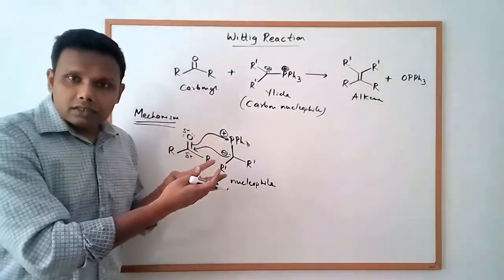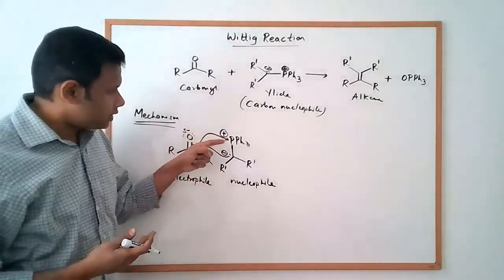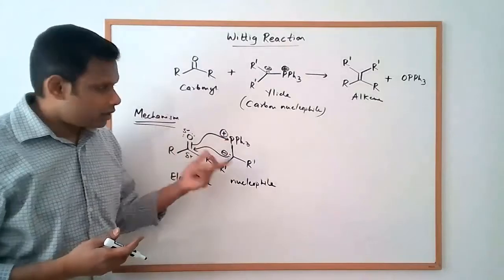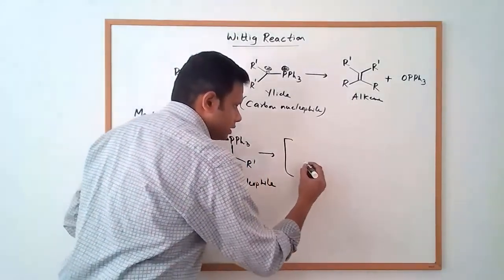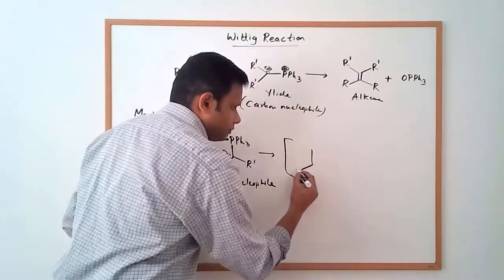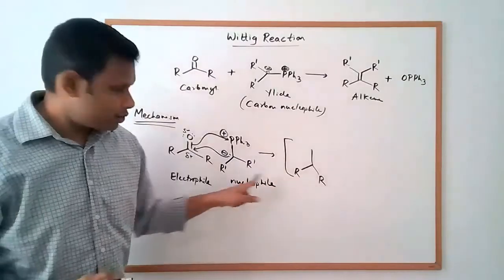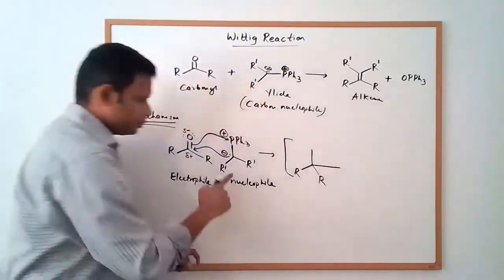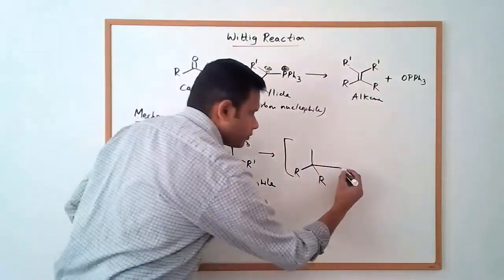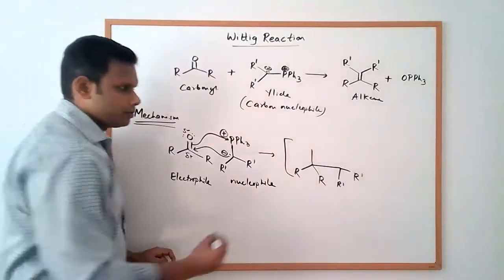in a very concerted manner, that oxygen attacks the phosphorus, such that you get to an intermediate where you have the carbonyl compound, which had the two R groups connected to it, now bonded to the ylid carbon, which has the R prime groups connected to it.